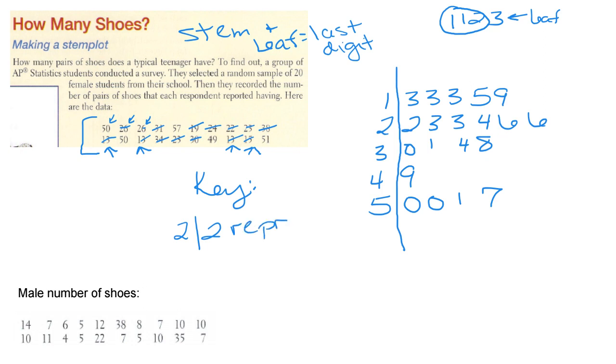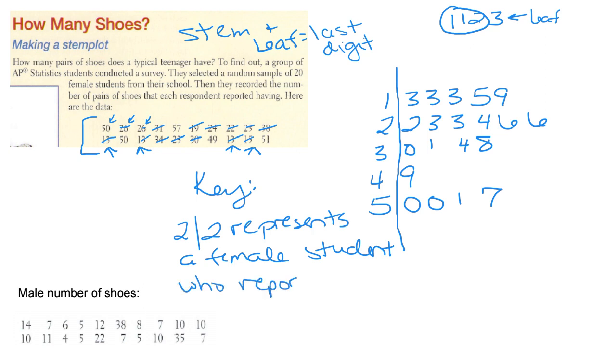So that represents a female student who reported or who said that they had 22 pairs of shoes. And so now I know what my stem and leaf plot numbers represent.